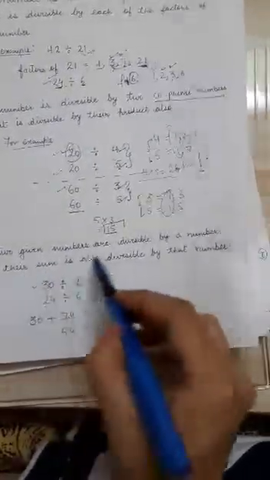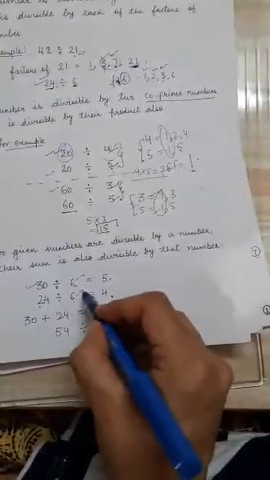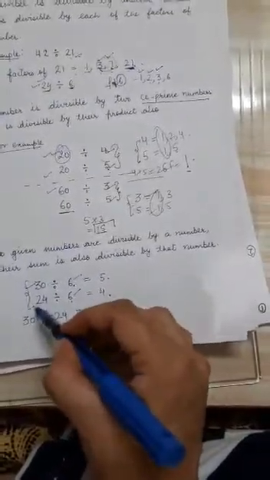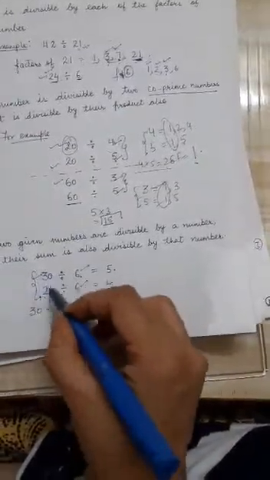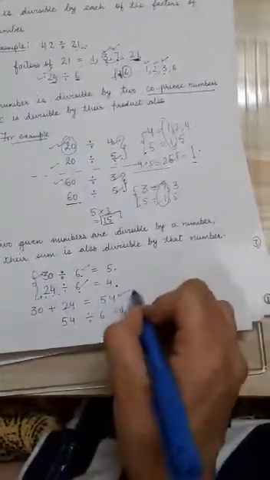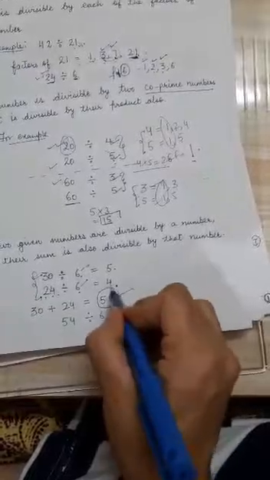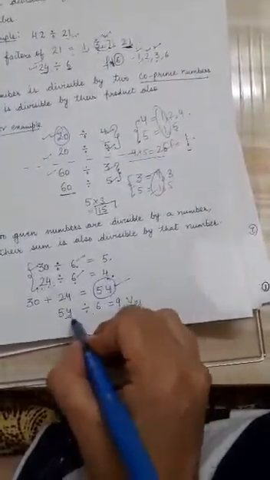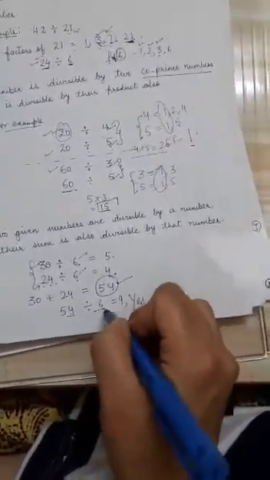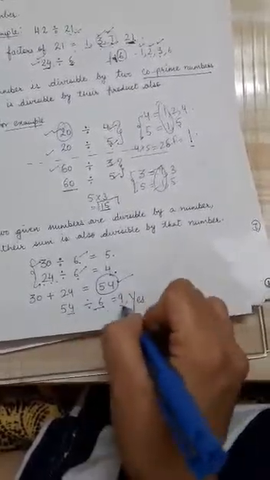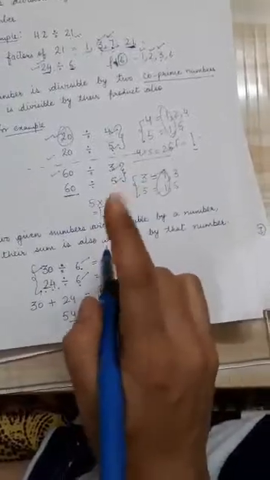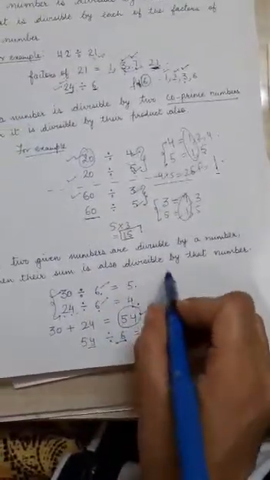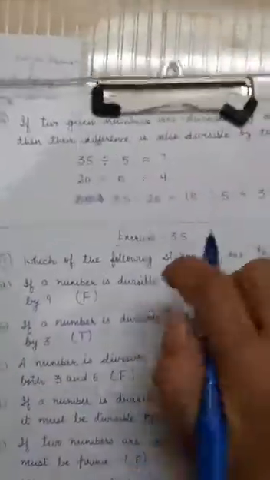Means if we add 30 and 24, we'll get 54. This 54 is again divisible by 6. And in the table of 6, it comes at 9. So if two given numbers are divisible by a number, then their sum is also divisible by that number.